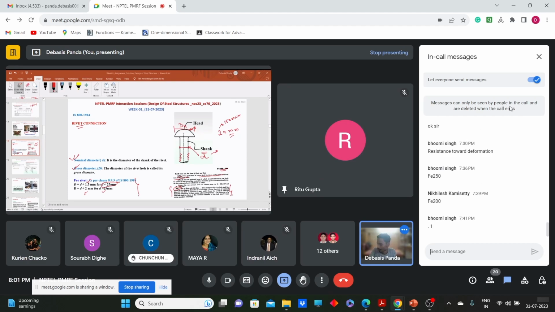For 20 mm, we need a clearance of 1.5 mm. So the gross diameter will be 20 plus 1.5, that is 21.5 mm, right? If we have a 26 mm rivet, the gross diameter will be 26 plus 2, that means 28 mm.